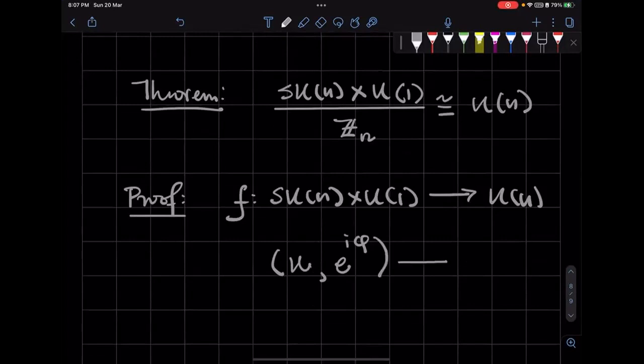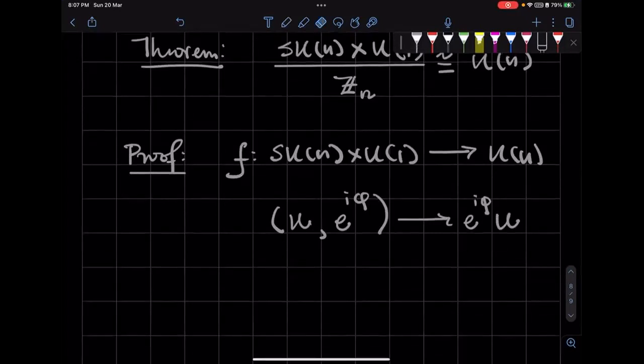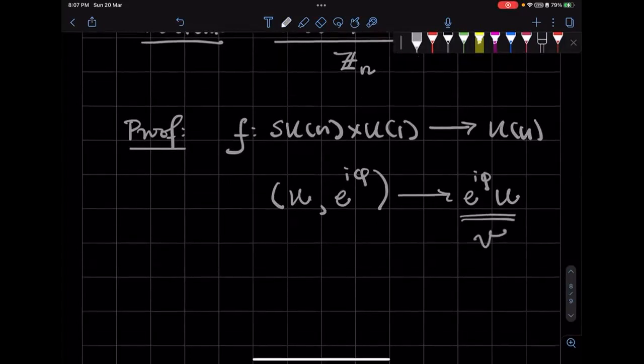So we map this to the element e to the power i phi times U. Let's call this V. If I take V dagger, it is e to the power minus i phi times U dagger, right?